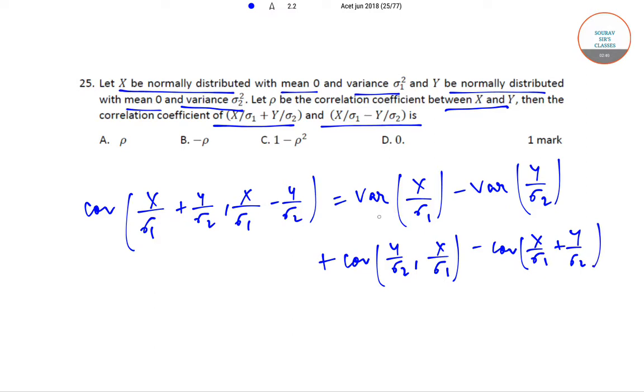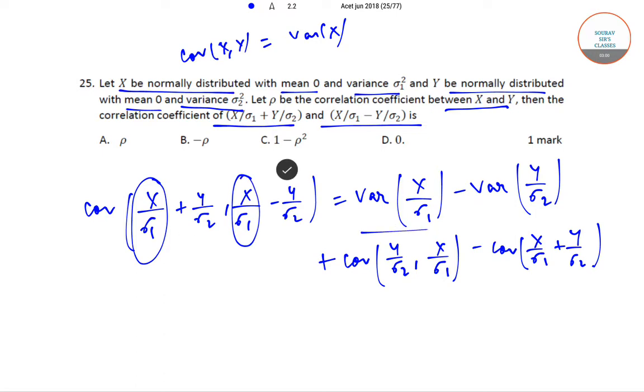Now if you are wondering where this variance x by sigma 1 minus variance y by sigma 2 came from, so we know that covariance of x with x is equal to variance x. So on taking these two terms together, we get variance x by sigma 1, and here this y by sigma 2 and minus y by sigma 2, so the minus sign comes outside, and this is minus variance y by sigma 2.